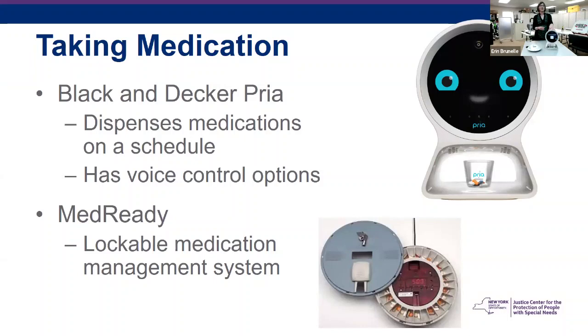It can be set up with an accompanying app, which does require a subscription. So there's a PRIA app that you could load on your smartphone. And then essentially you load the meds into this device, and then it dispenses the medications based on the set schedule. And in theory, it should only be dispensing to the person intended.